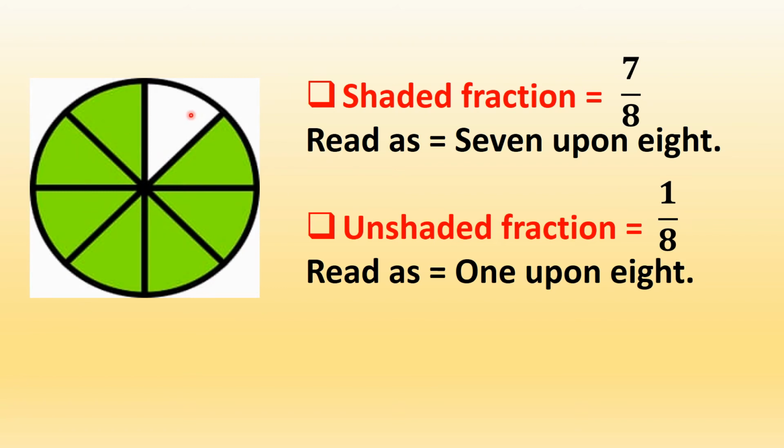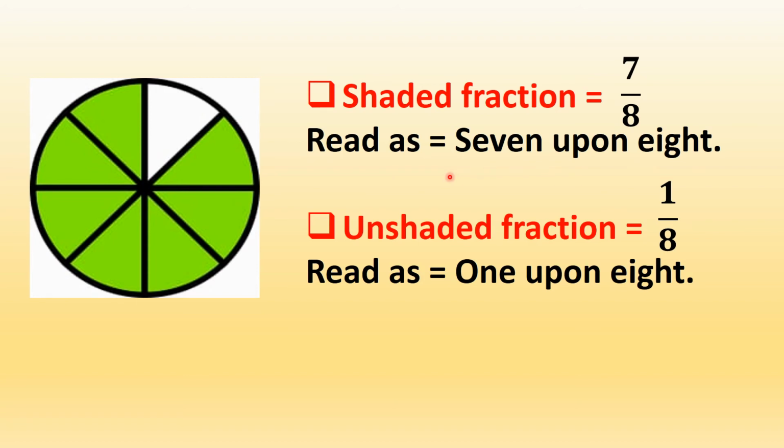So 7 upon 8. Total parts 8. So 8 written at the bottom means denominator and 7 is the numerator. So the shaded fraction is equal to 7 upon 8. We will read it as 7 upon 8. This is 7 and this line is upon and 8.